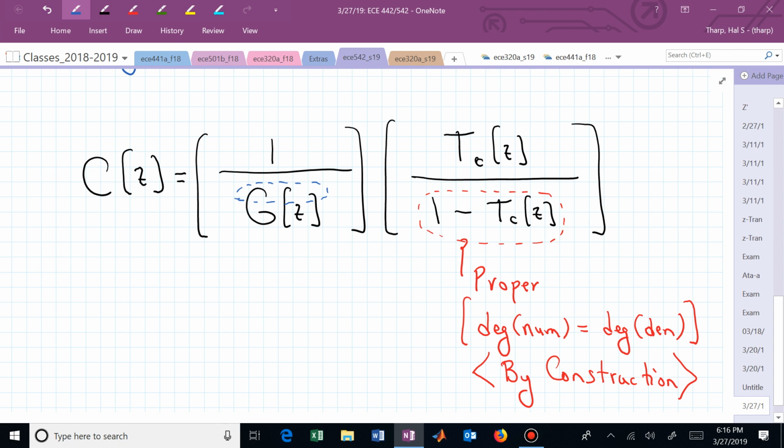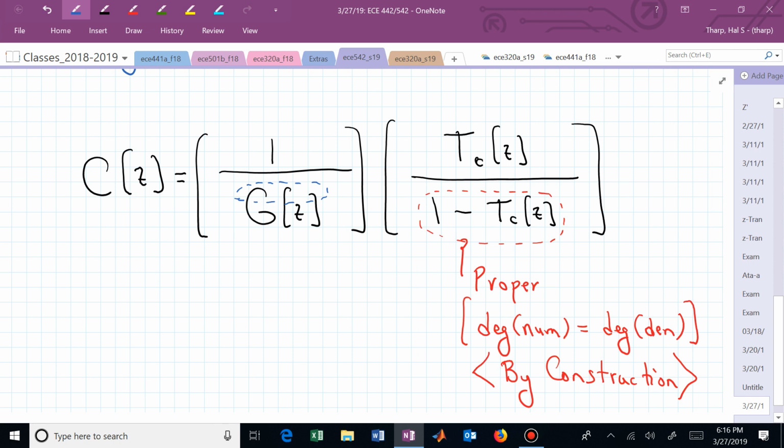You have C of Z times G of Z in your block diagram. What's this 1 over G of Z actually trying to do? It's basically canceling your plant, is it not? It's saying when I multiply G of Z and divide by G of Z, I get 1. So ideally, your controller is trying to cancel the dynamics of your original plant.